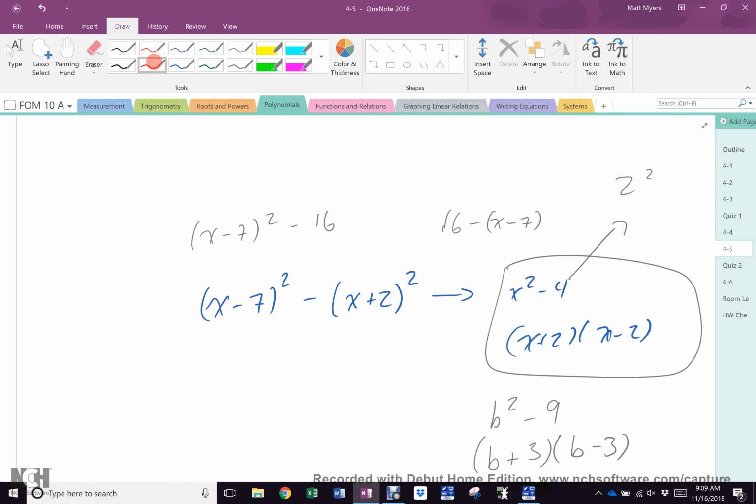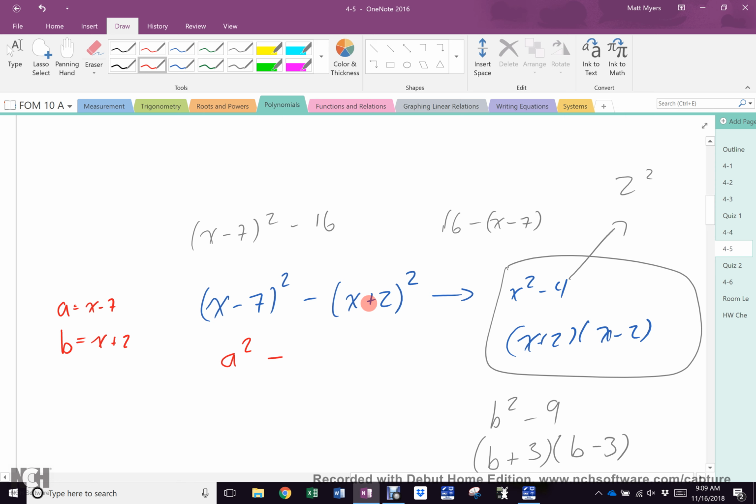But if I say that A equals x minus 7 and B equals x plus 2, then what can I write there instead of x minus 7? A equals x minus 7. What can I write there? A squared, right? Minus x plus 2.